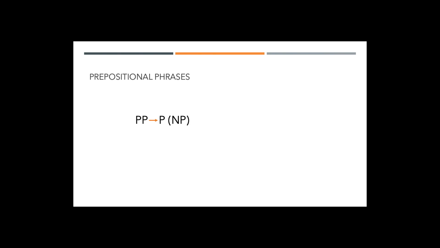Written out with abbreviations, we'd see PP, arrow, P, (NP). Adverbial phrases are even simpler. They include any number of adverbs, so it would be written out ADVP, arrow, (ADVP), ADV.